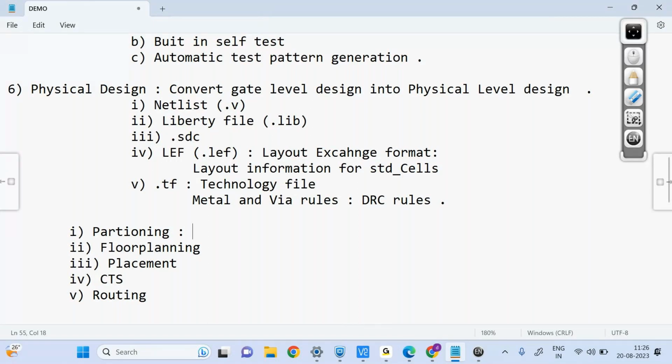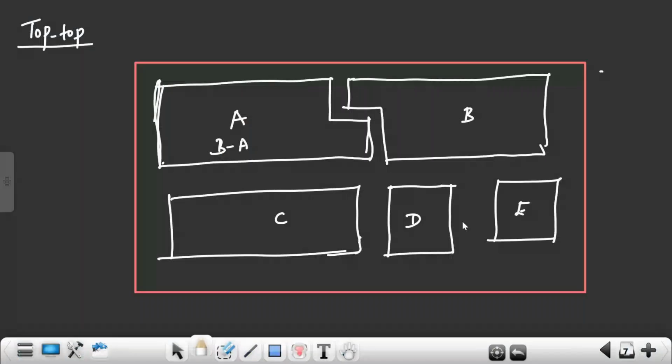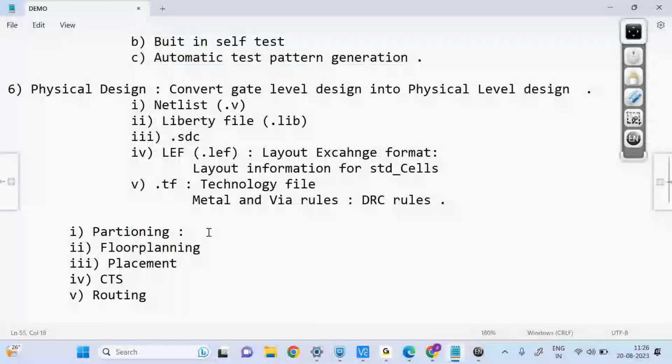The EDA tool, as given by the EDA vendor, can do physical design for 1.5 lakh cells, not more than that. So I cannot do physical design for the entire chip. So first, you partition the chip into blocks.